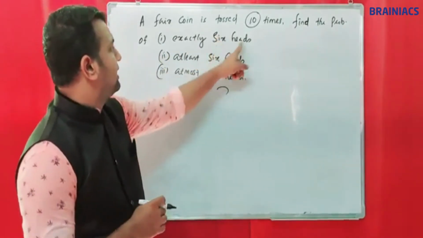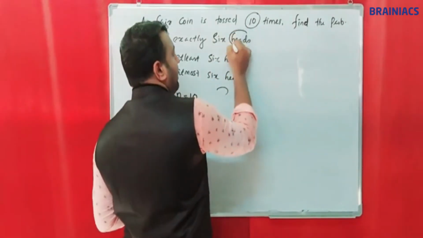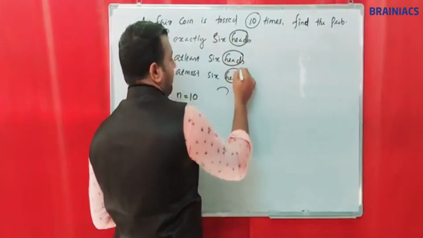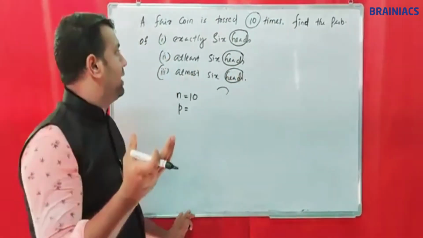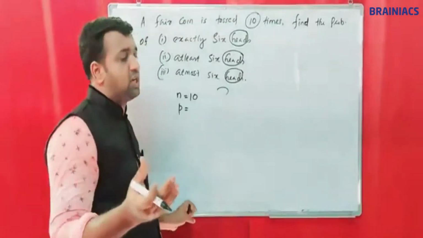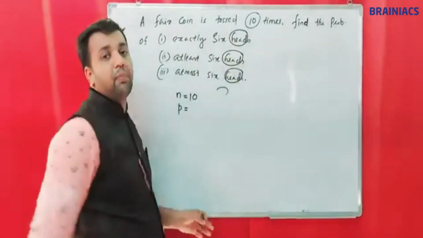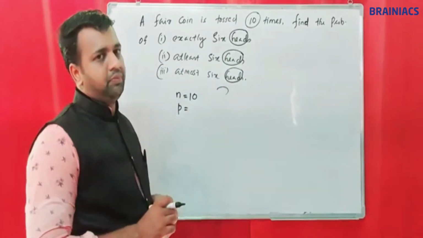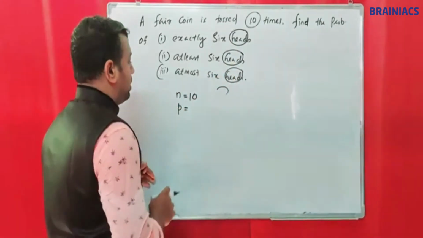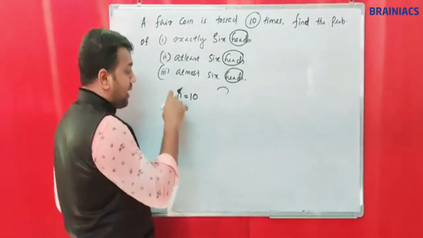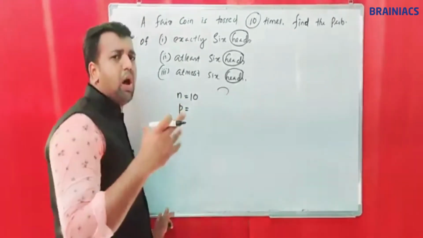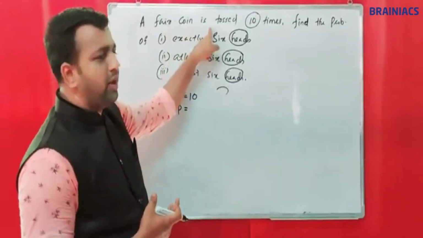Head is the important fact here. We want 6 heads, at least 6 heads, and at most 6 heads. So head is the probability of success here. What is the probability of head when tossing a coin?